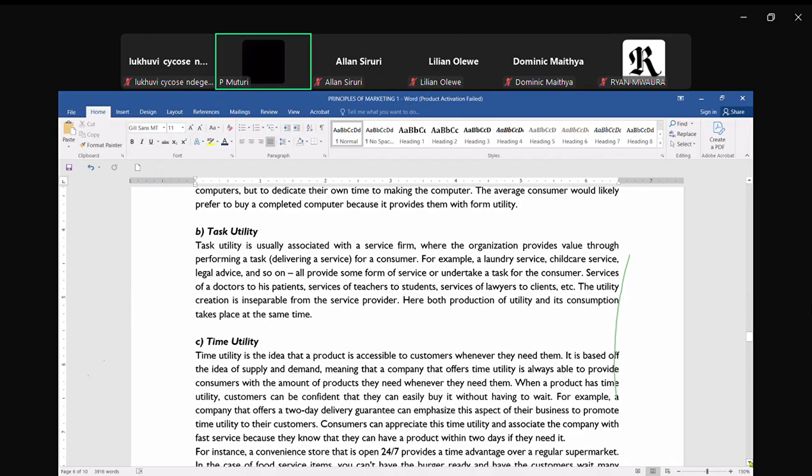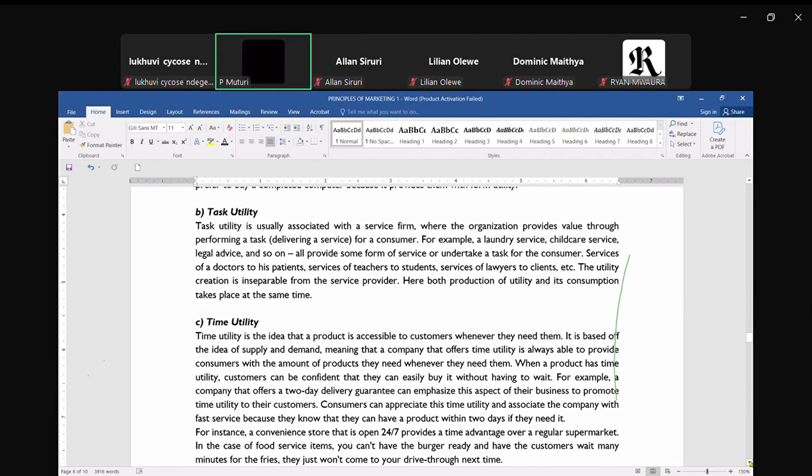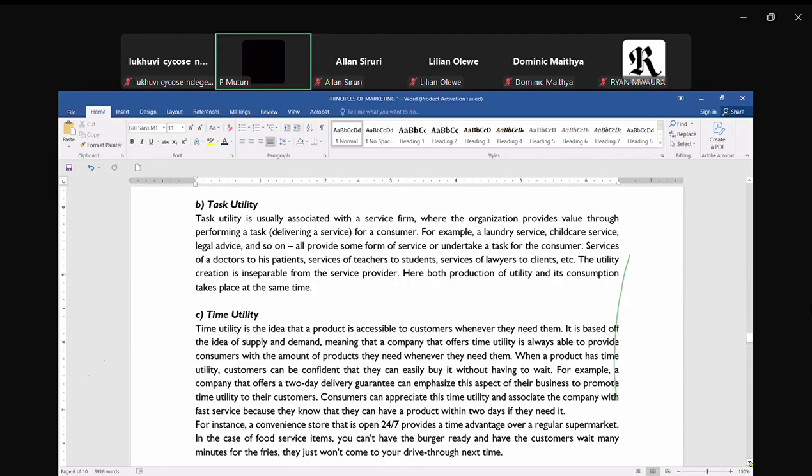Task utility is mainly associated with companies that are involved in providing services. What must you put together to ensure that you give a service that is of value? Remember, in services, we said services are intangible. Services are not physical things. You cannot assemble them or display them out there.